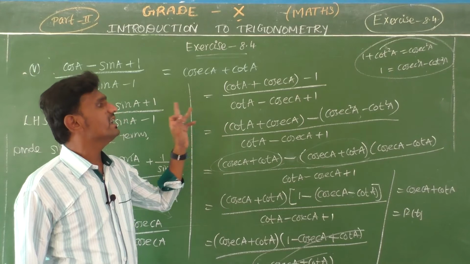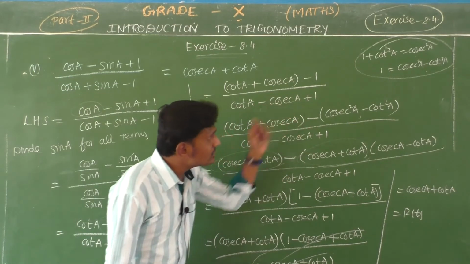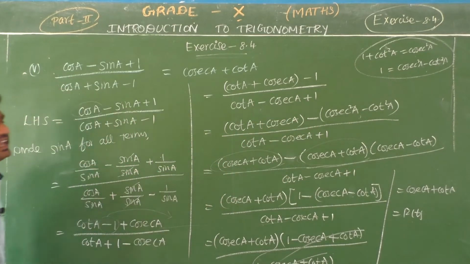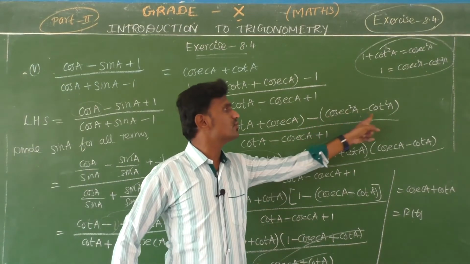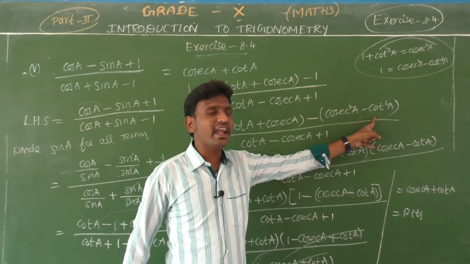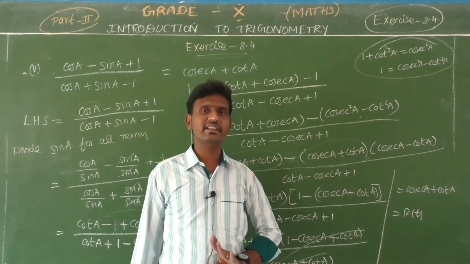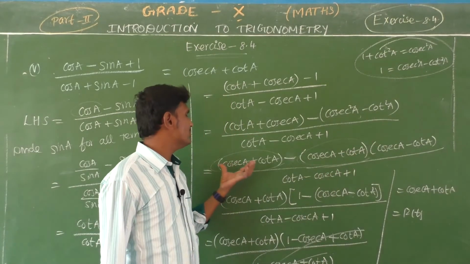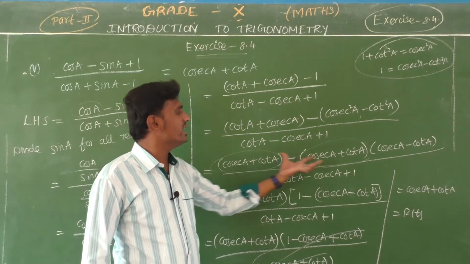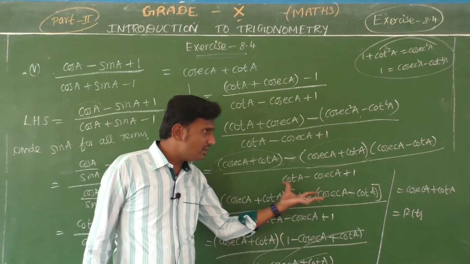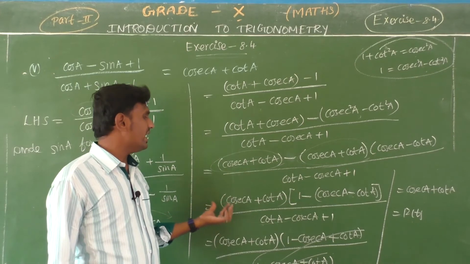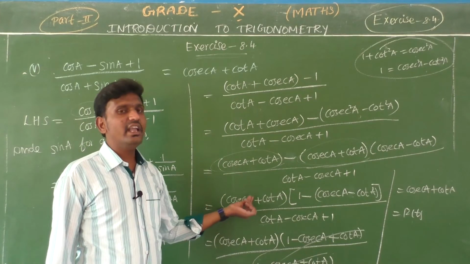So here instead of 1 I am going to substitute cosecant square A minus cot square A. So here I have a formula, A square minus B square expands to A plus B into A minus B. So in the next step we have cosecant A plus cot A in common on both terms. I am taking outside cosecant A plus cot A into 1.